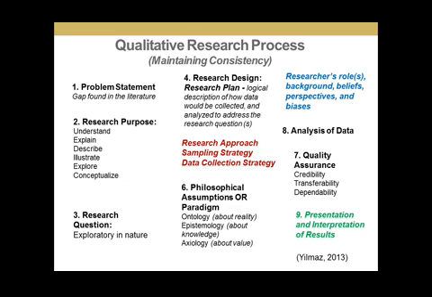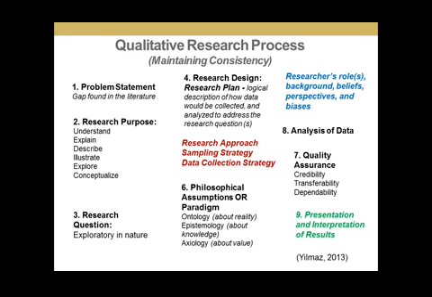So this is the big picture of your qualitative research. So always think about these areas when you are doing a qualitative study. What is the problem that you want to address? What is the purpose of your study? What is your research question? What is your research design? What are some of the assumptions that you have to take into consideration? What are your beliefs?